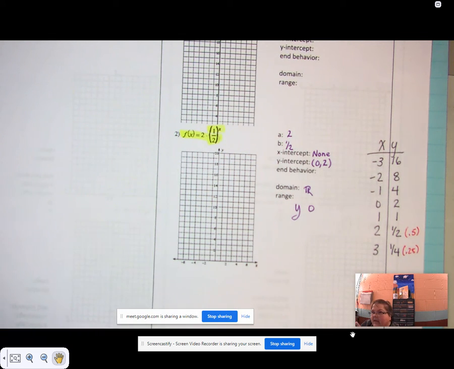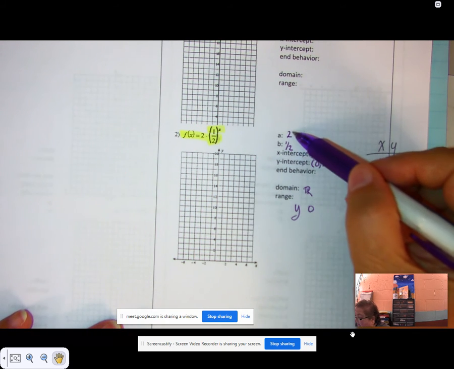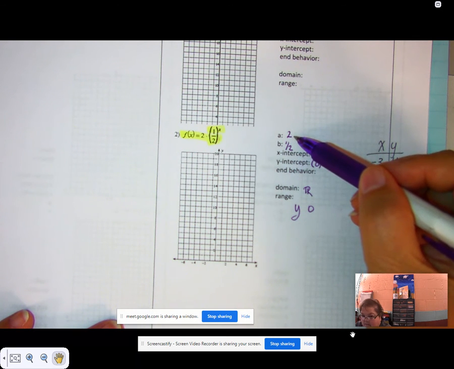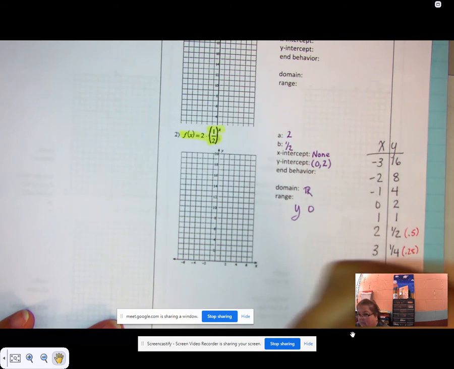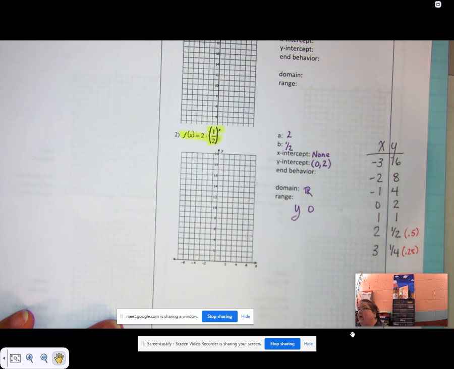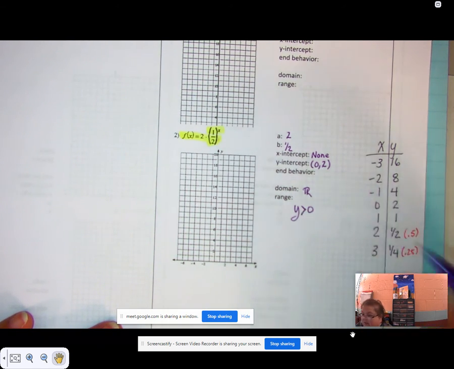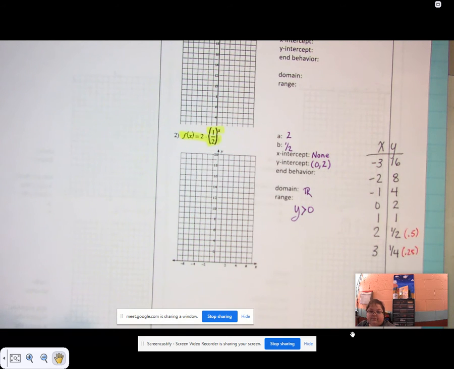I have to have an inequality symbol there because there's an arrow on the end, so it has more than one answer. If a is positive, that means I'm going to be up against the x-axis and then going up, so all of my answers are going to be greater than 0.